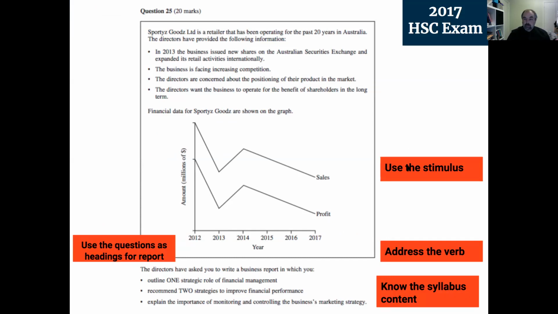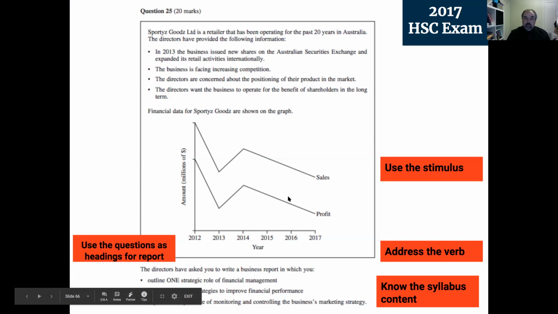Okay, so again, must use stimulus. We're using the questions down here as headings. So in this particular report, the first question is to outline the strategic role of financial management. So notice there that 2 years in a row it's around this strategic role, different topics.